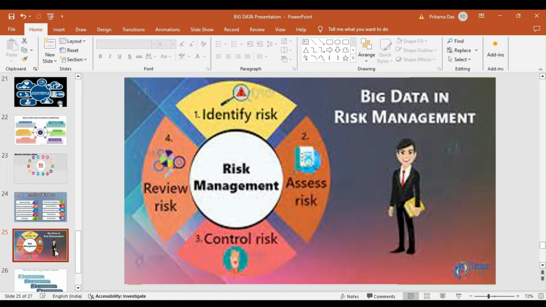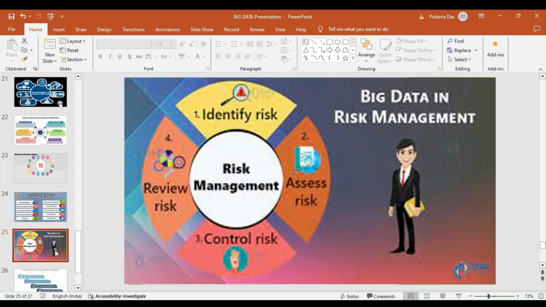So, identify risk. What is identify risk? Identifying risk is crucial in various contexts, such as project management, finance, or technology. Risk can include uncertainties that might impact objectives negatively, like stakeholder input, historical data, market analysis.